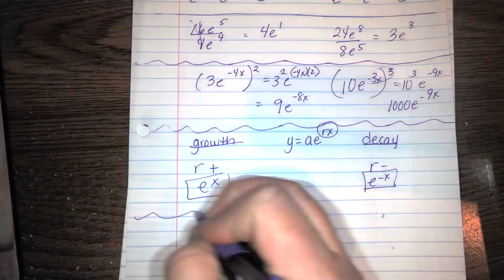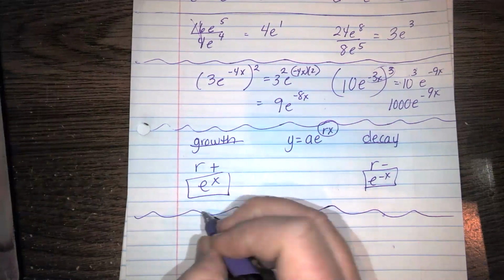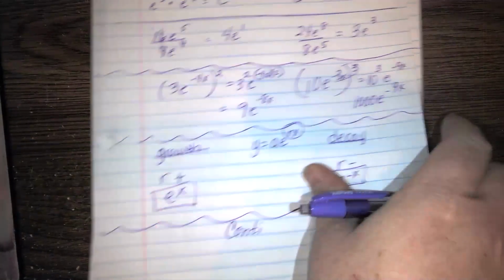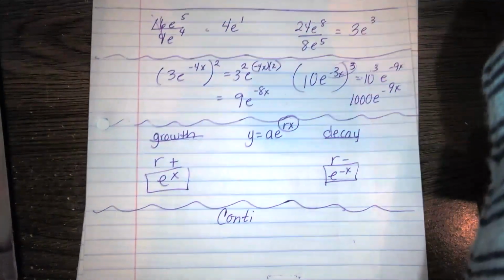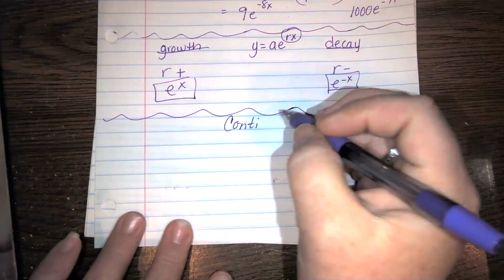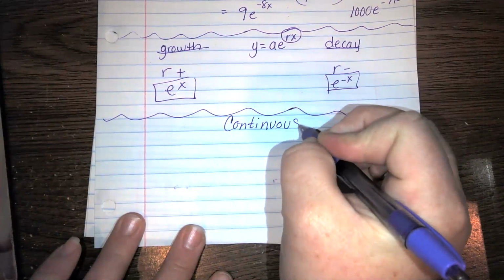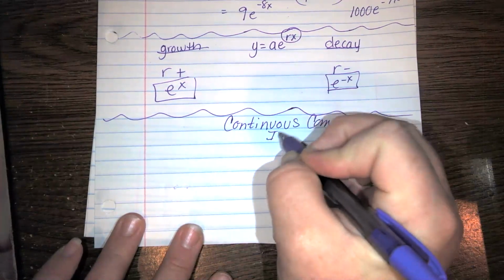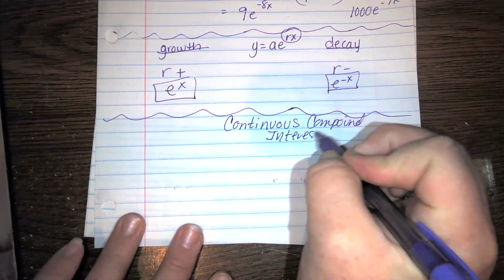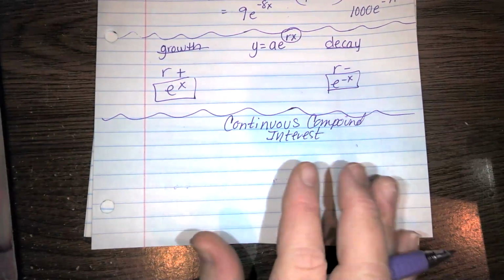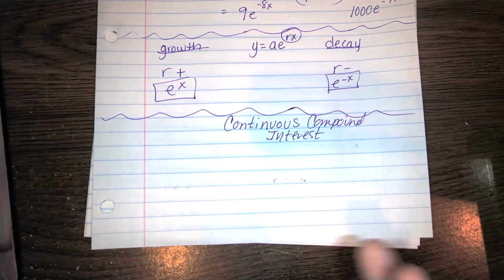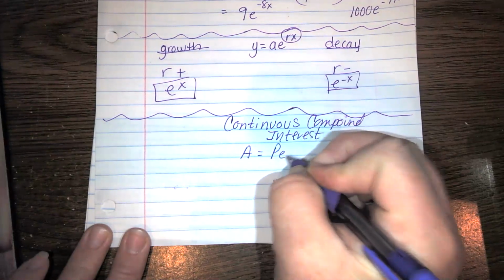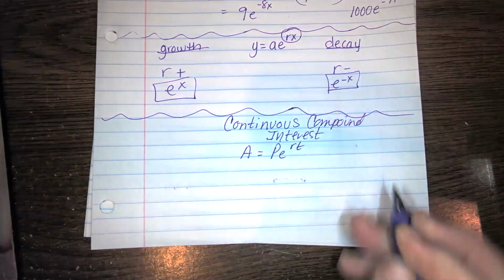The very last thing I wanna talk to you about is money. This is called continuous compound interest. Do you remember, it was kind of complicated. We talked about compounding daily, monthly, yearly, all that stuff. Well, how about we make it easy and just do it continuously.